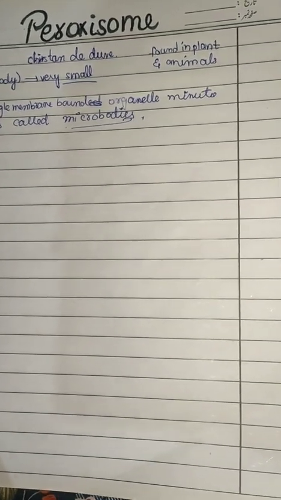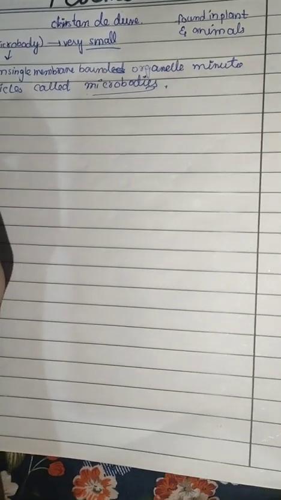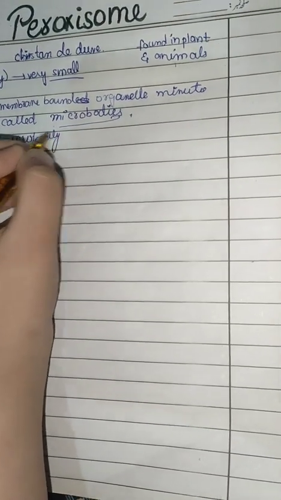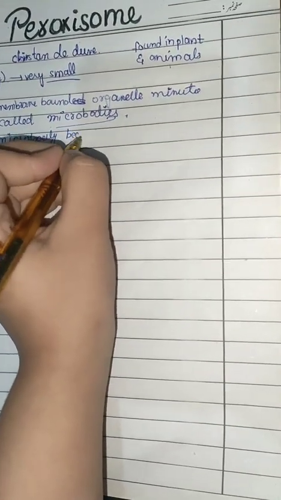Now peroxisome is found in both, but it plays its main role in animals, hence it is also known as an animal microbody.